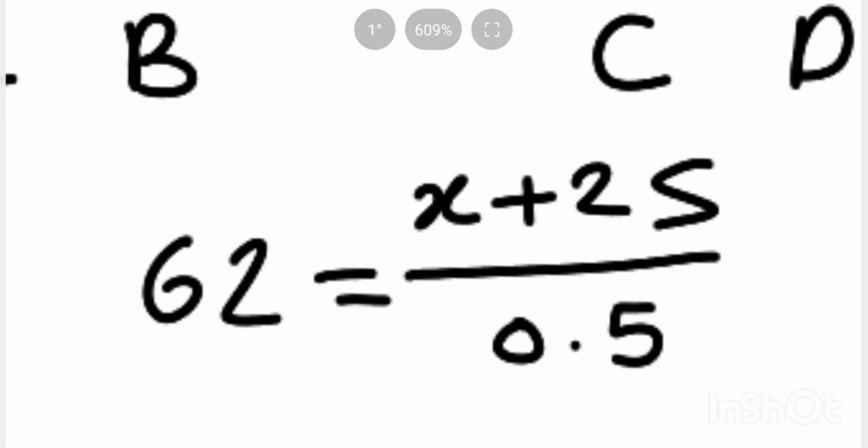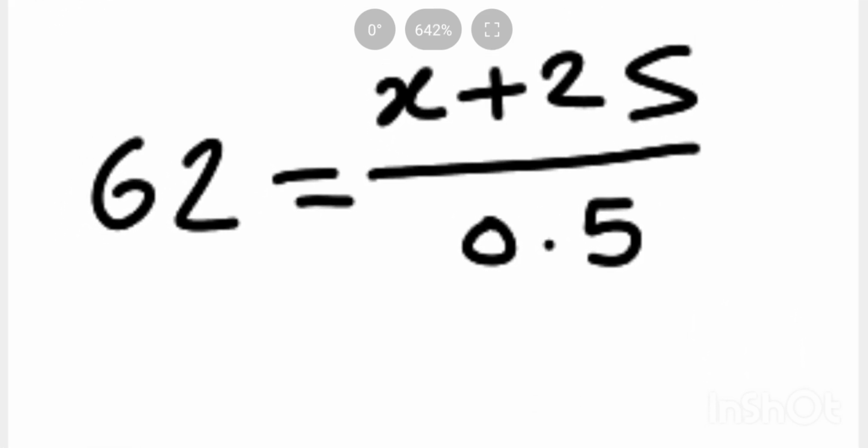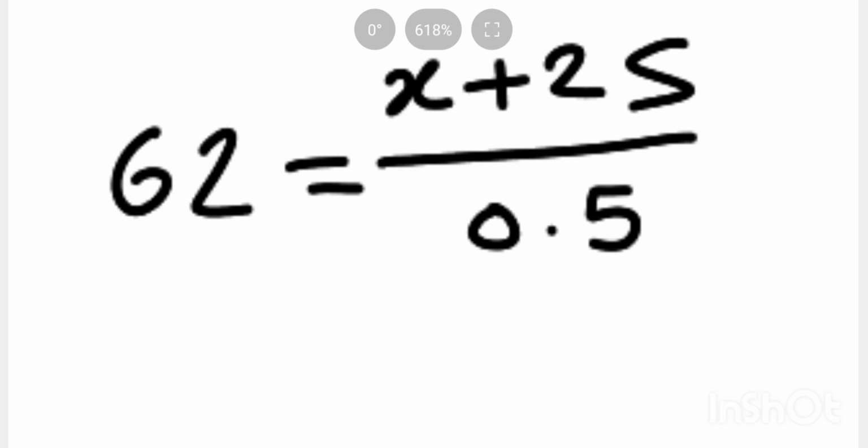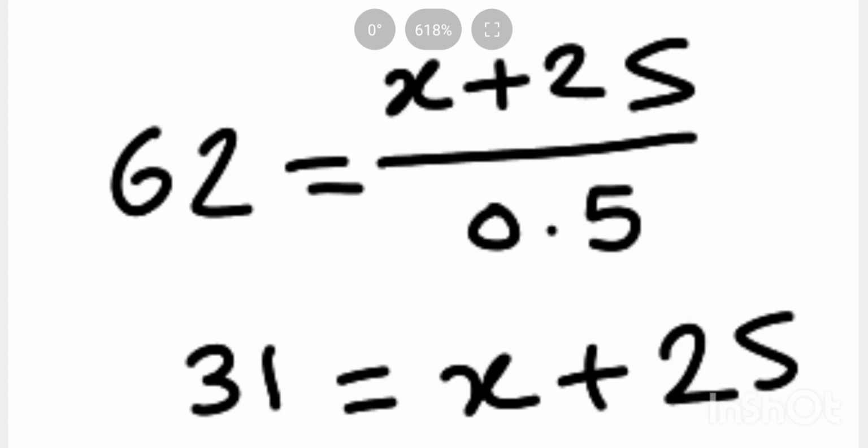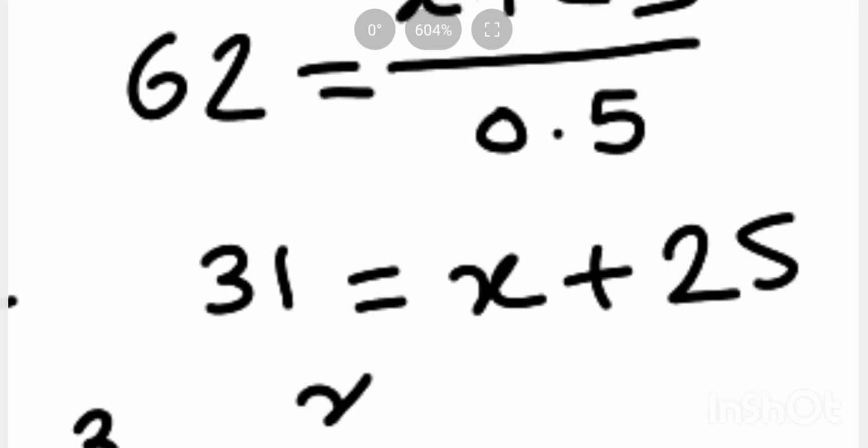To solve this equation for x, multiply both sides by a half, so 31 equals x plus 25, and that means x is 6.